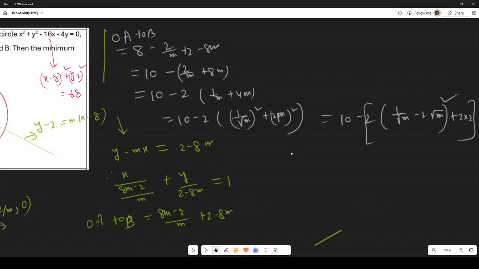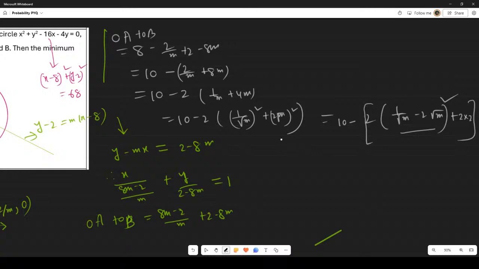Now can you see something over there? For minimum value, this thing will be 0. Check. This is minus. No, no, this way you can get the maximum value, not the minimum value. Am I correct?